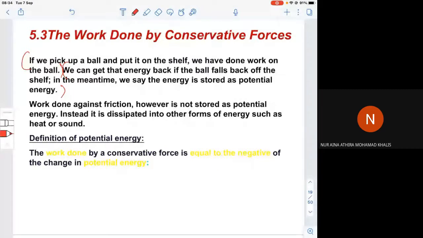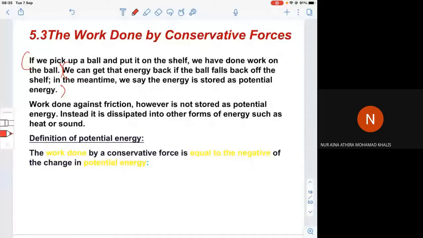Let's imagine that we put a ball on the shelf, slightly higher than you, and that ball obviously has potential energy. This is how you look at work done by a conservative force: you do the work, and at the same time, that work is related to the potential energy.